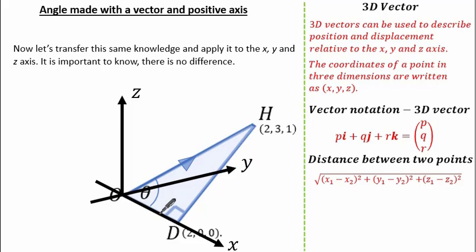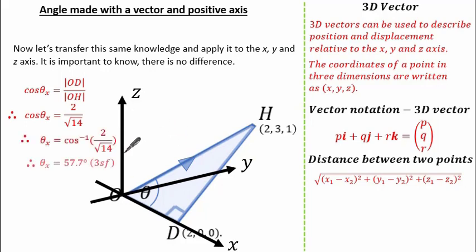And looking at the x-axis, this means we'll be looking at the magnitude of OD over the magnitude of OH, which is our vector. Applying it, we still have the same calculation and we still have the same angle, which is 57.7 degrees. So it's the same concept, we're simply applying it to an x, y and z axes.